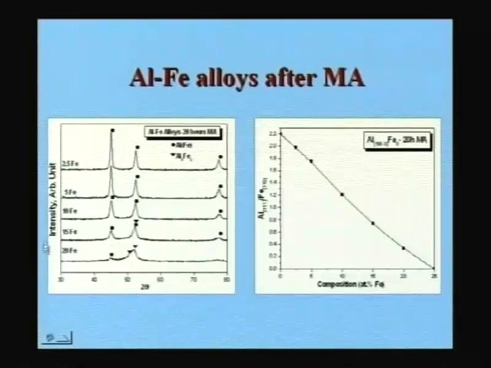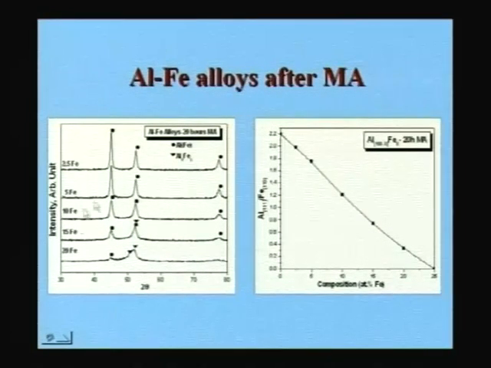If you add these different alloying elements, the technique that people have used here is mechanical alloying. As I told you, all these nano composites can be produced by basically two techniques. One is rapid solidification processing, another is mechanical alloying. This particular example is for mechanical alloying.